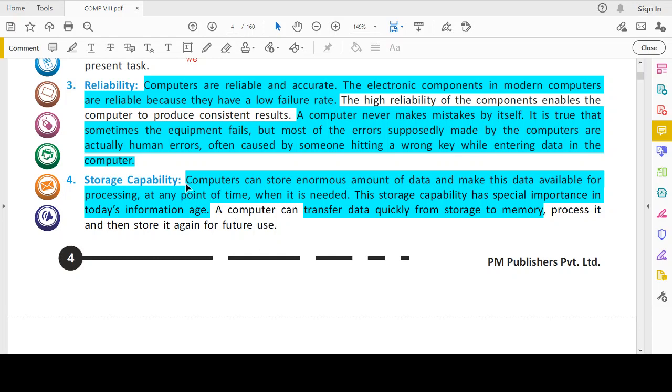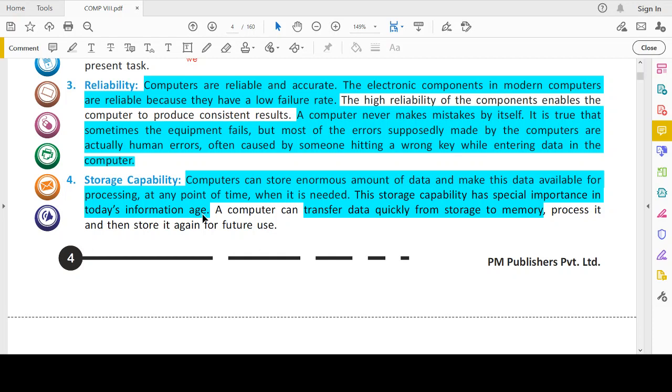So, we all know it has got storage capability. It can store on its secondary storage devices like the hard drive, the optical discs, the CD-ROM drive and the DVD-ROM drive, and it will be kept there permanently until there is physical damage. So an enormous amount of data can be stored, which is very important also in this era of information.